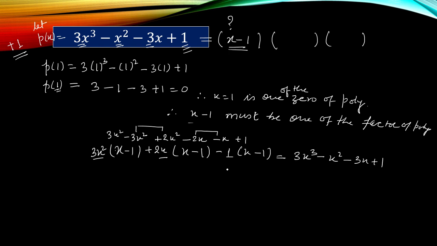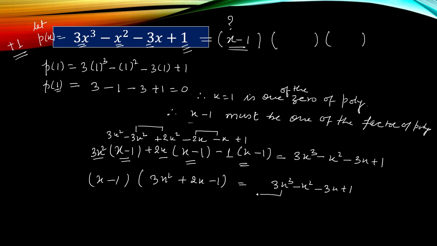We got the polynomial. Now if we take x minus 1 common from the three x minus 1s, what remains inside the bracket? The remaining terms are 3x square plus 2x minus 1, and it is equal to the polynomial 3x cube minus x square minus 3x plus 1.